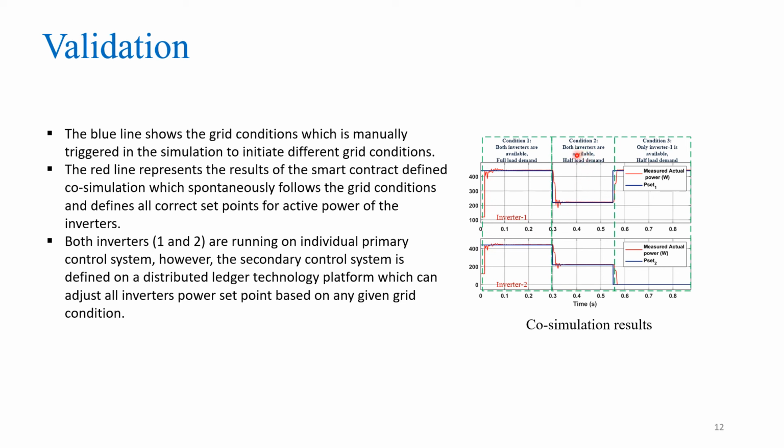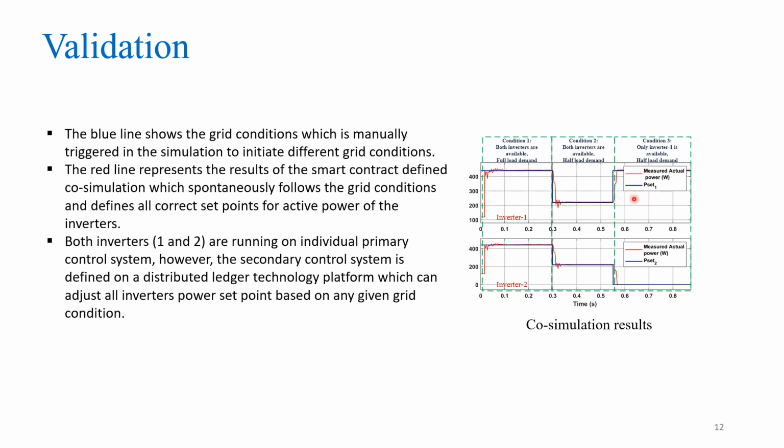During the second condition, both of our inverters are available, but we reduce the load demand by half. So both of these inverter Pset values should go to half of full capacity. In the third condition, which is the most interesting part, we removed one inverter, in this case inverter 2. So only inverter 1 is now available, but our load demand was the same as in condition 2.